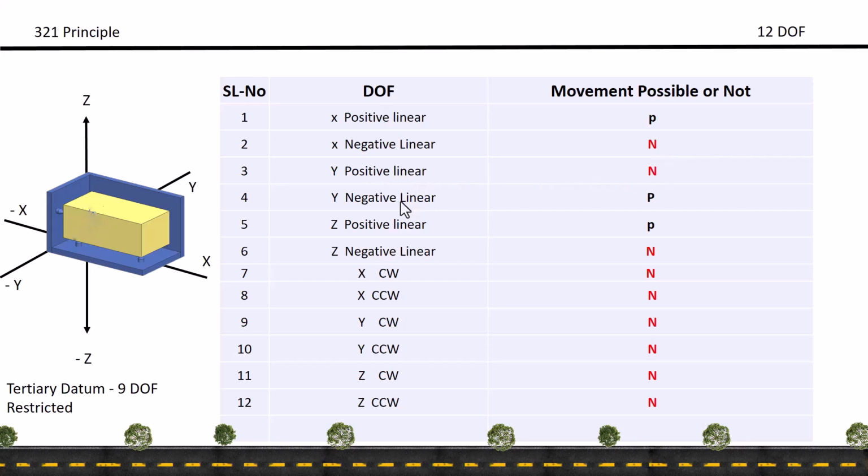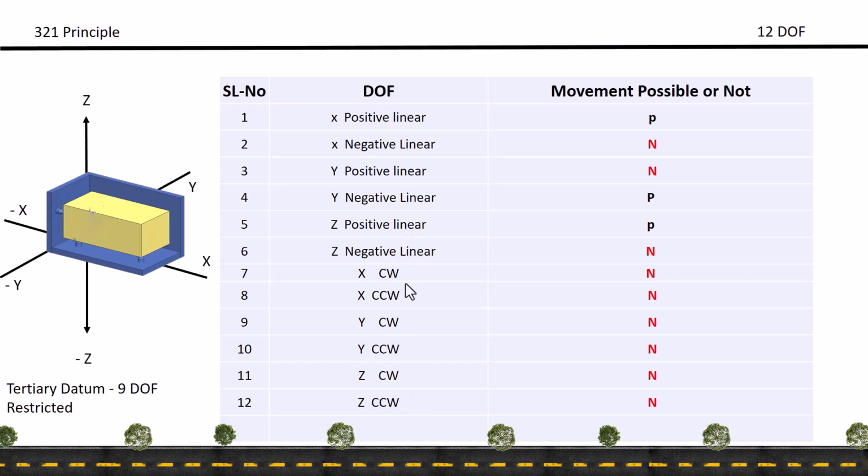So in this direction it is possible, and z. Z positive linear is possible and negative linear is not possible. I just use this one for the concept. So these are the ways you can approach it. Here a positive linear is possible, and a negative linear is not possible. And as in the secondary datum, all rotations will be arrested. The same will be followed.